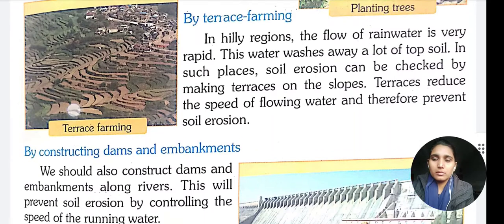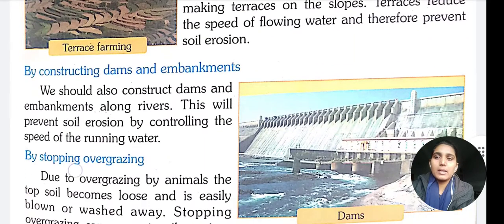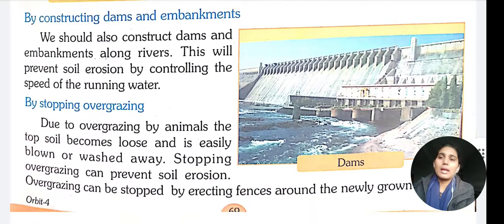Now the third type is by constructing dams and embankments. What happened, basically the water is the main source, the main condition which is responsible for soil erosion.